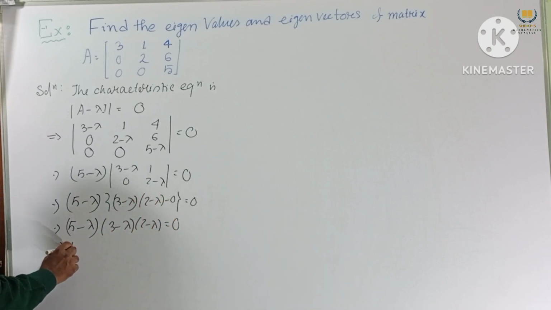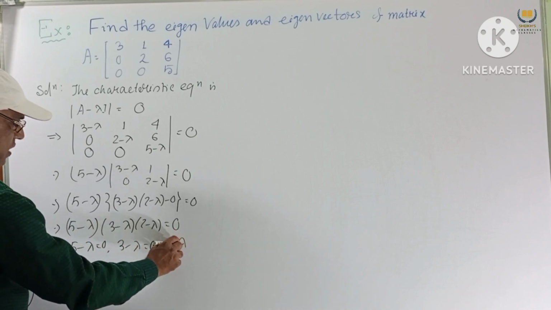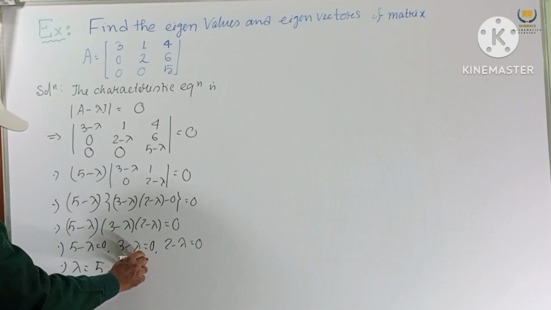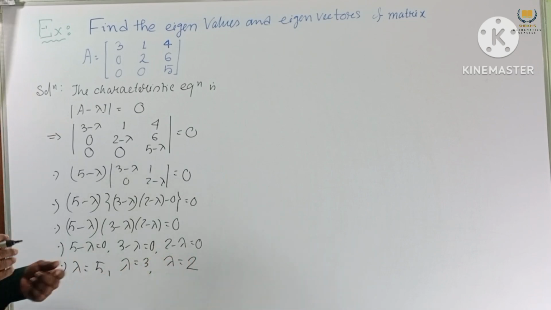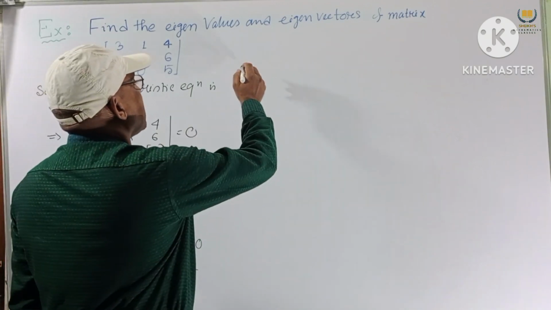So 5 minus lambda equal to 0, 3 minus lambda equal to 0, 2 minus lambda equal to 0. So lambda equal to 5, 3, 2. These are the values of lambda, these are the eigenvalues. Now our next requirement is the eigenvectors.